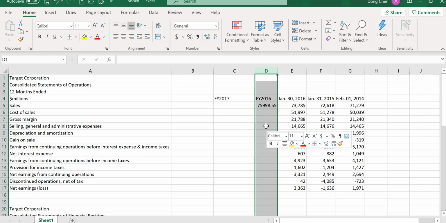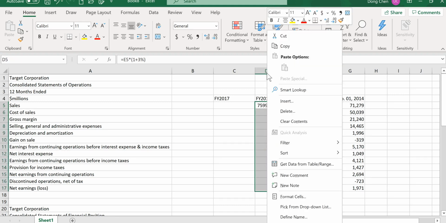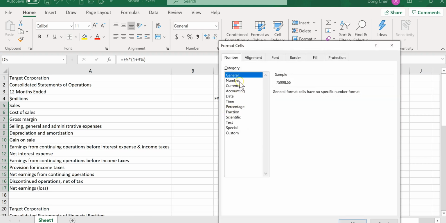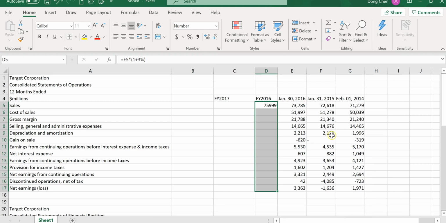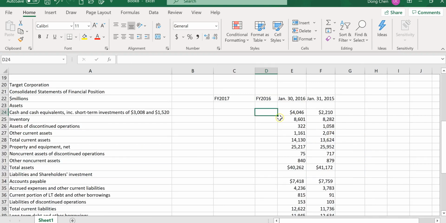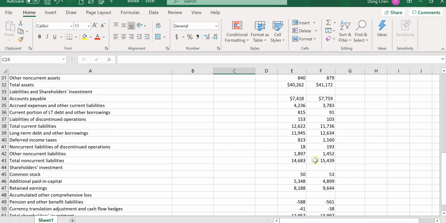And I want to keep all the units here rounded to no decimal places, so rounded to the nearest dollar. Same thing for the balance sheet. Oh, I have to make sure the numbers here are correct.